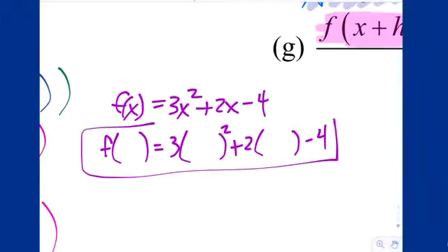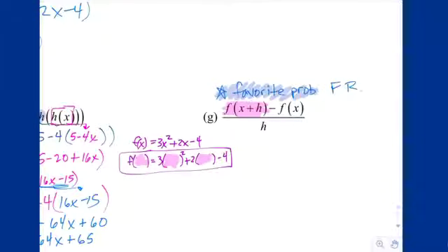It seems a little bit silly to do that because we're going backwards from algebra. We're using open parentheses instead of an x to represent a variable. But until you're comfortable plugging in quantities for x that are more than one term, do this, okay? It makes perfect sense. So that now whatever you see right here is going to be the same thing you drop in right there and right there, okay?